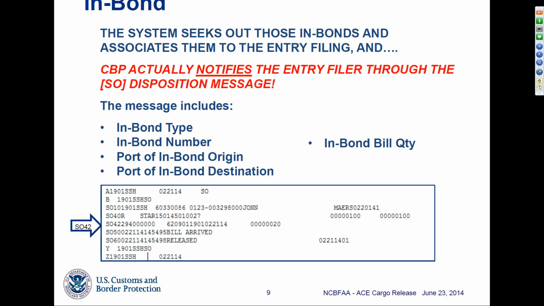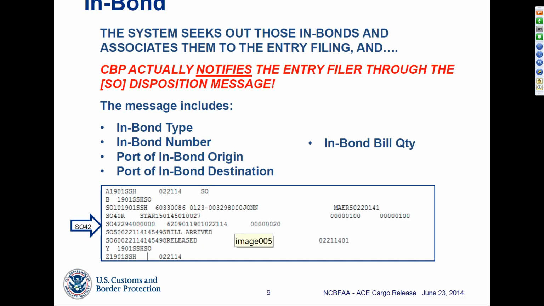So what we have here is this bill number, this entry number. This is going back to this filer, SSH, and in record 42 we actually tell you, here is the inbond number. It's a type 62 from port 0901 to 1901, and it was initiated on February 21st for 20 pieces.